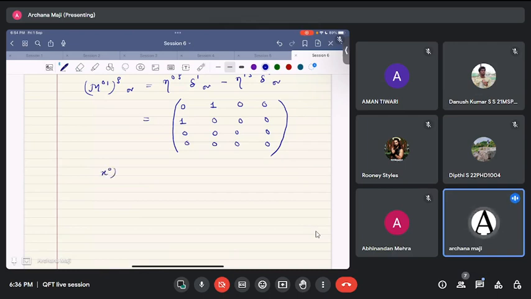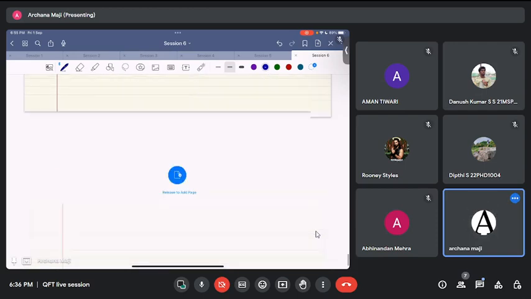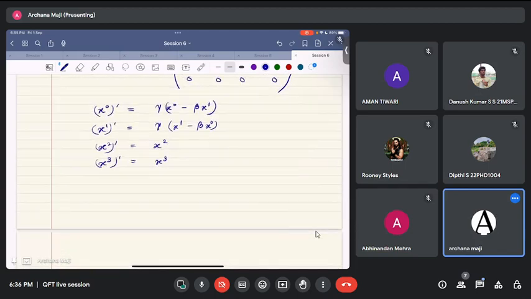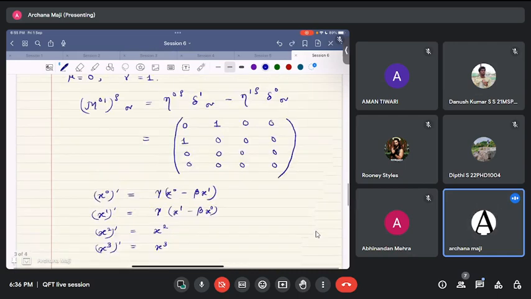So let's write it down. x0 prime is gamma x0 minus beta x1. x1 prime is gamma x1 minus beta x0. x2 prime is equal to x2, x3 prime is equal to x3.